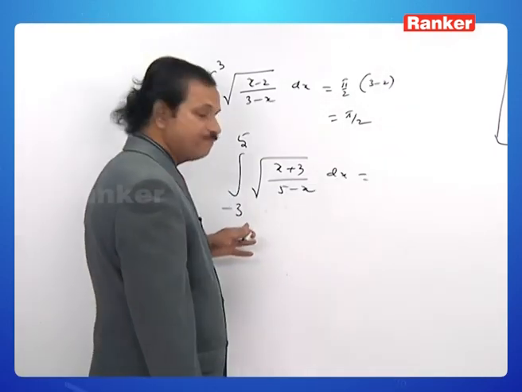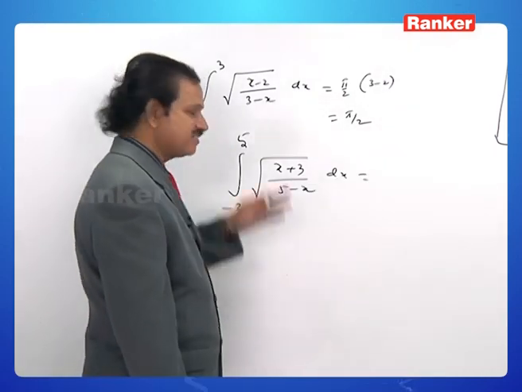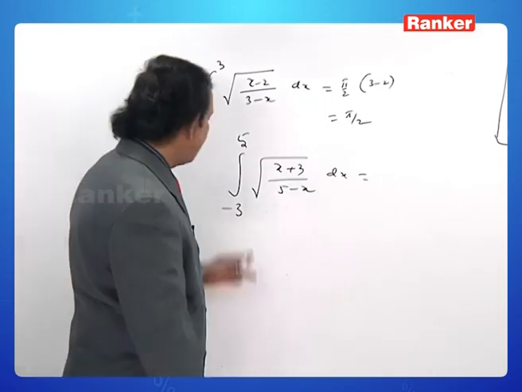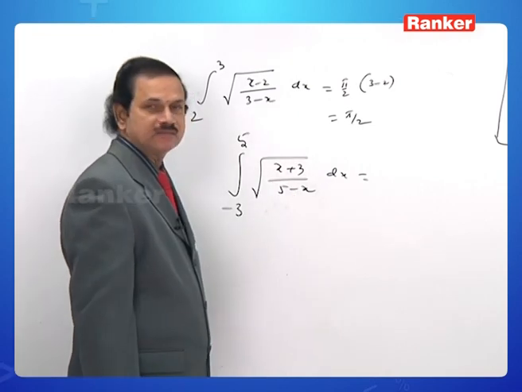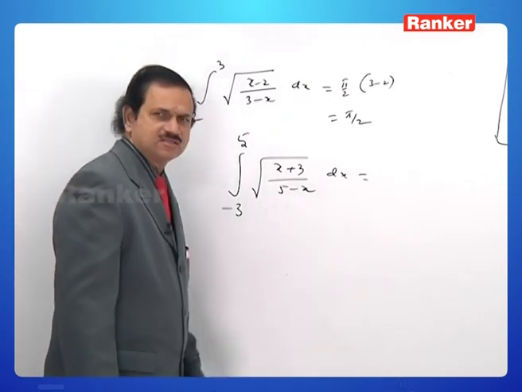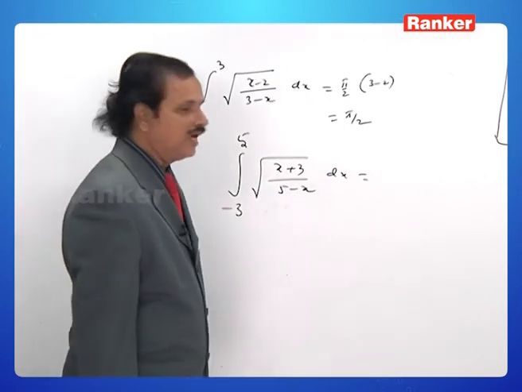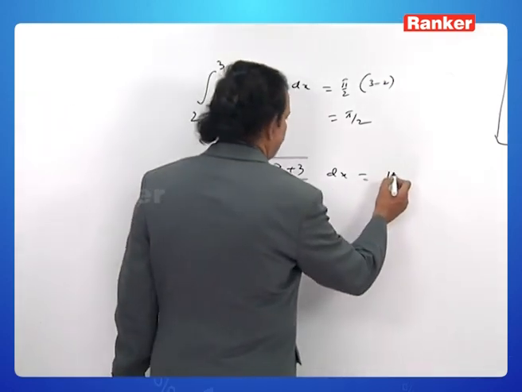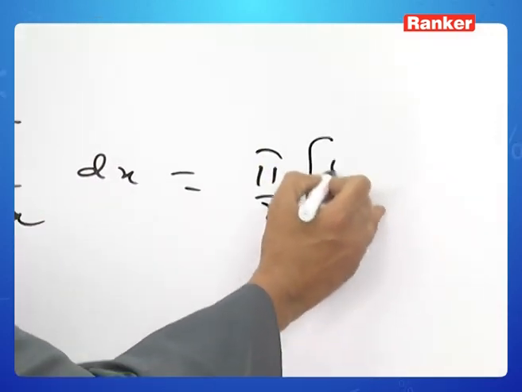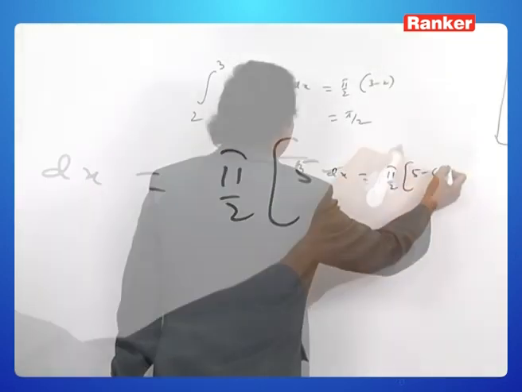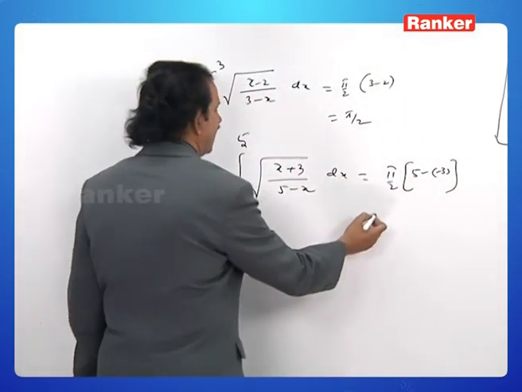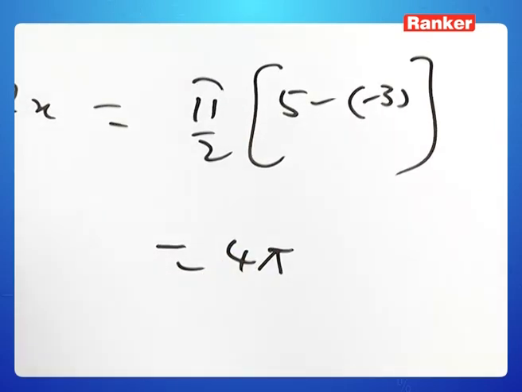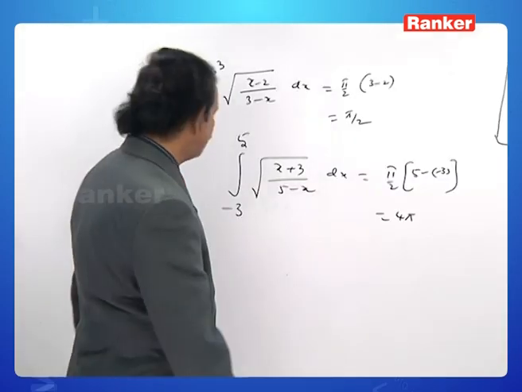In the place of a, we have minus 3, and in the place of b, we have 5. x minus a means x plus 3, by b minus x, 5 minus x. Excellent. This is thrown into the standard model. Hence the answer is pi by 2 into (b minus a). That is 5 minus of minus 3, 8. 8 by 2 is 4. Hence the answer is 4 pi.